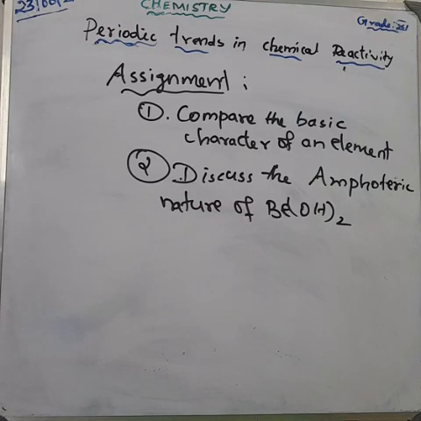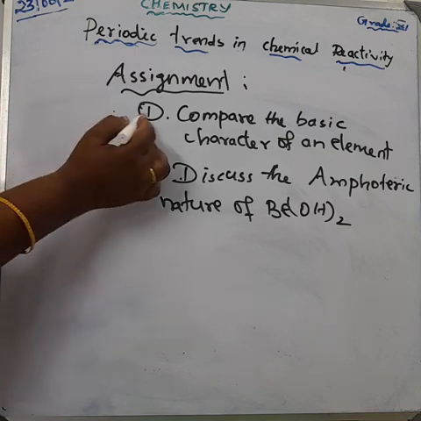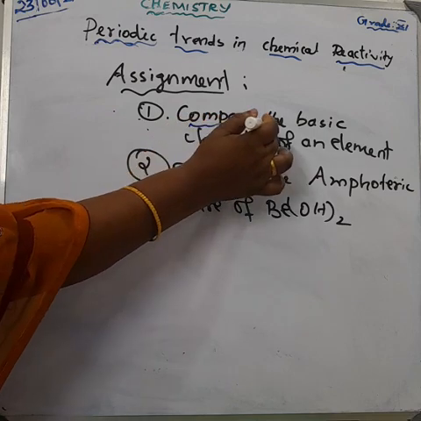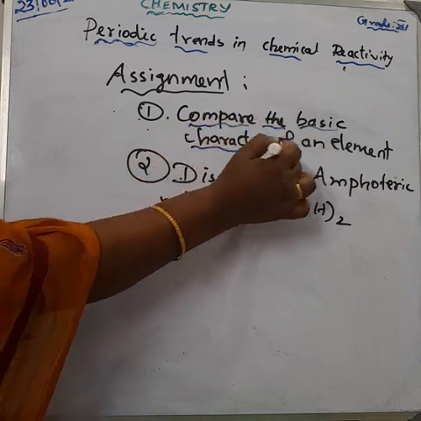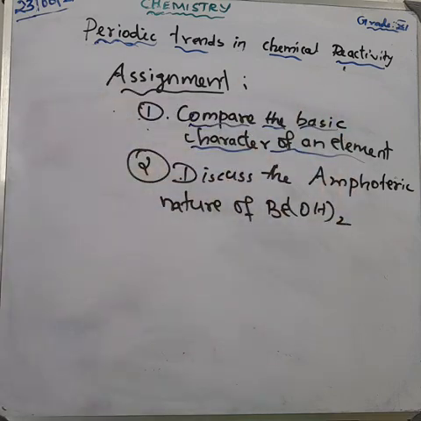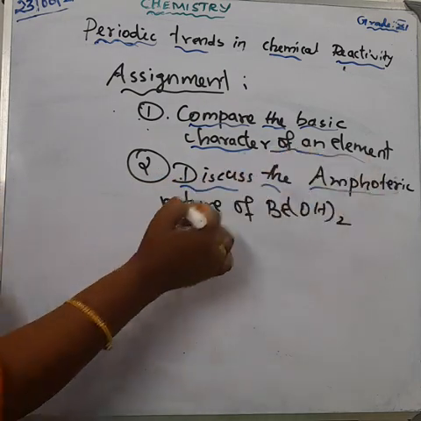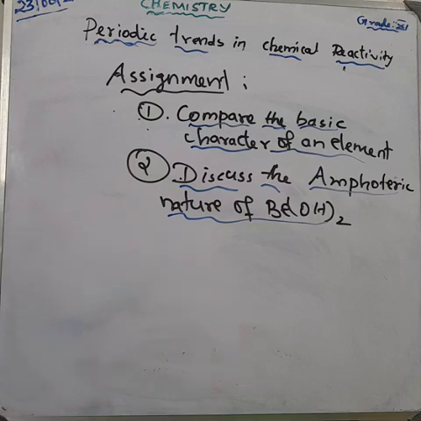Okay students, today's assignment. Today I am giving 2 questions. Question number 1: Compare the basic character of elements. Question number 2: Discuss the amphoteric nature of beryllium hydroxide. You should study these 2 questions, write the assignment and send it to me through my WhatsApp number.